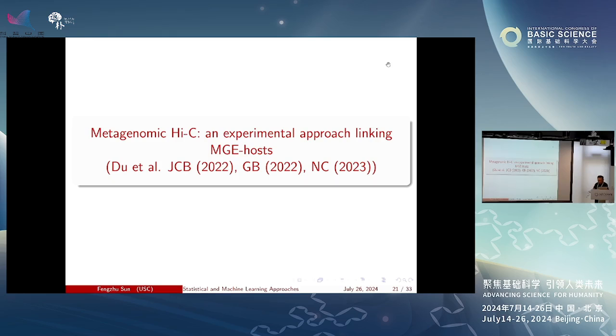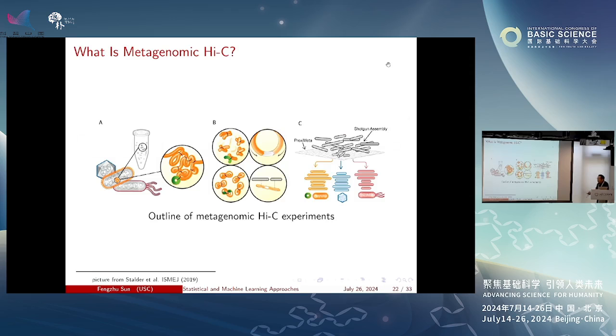There are also some experimental things that need to be carried out. In order to do this, the experimental technique is the so-called metagenomic Hi-C. Hi-C is the short name; I cannot pronounce the full name now.